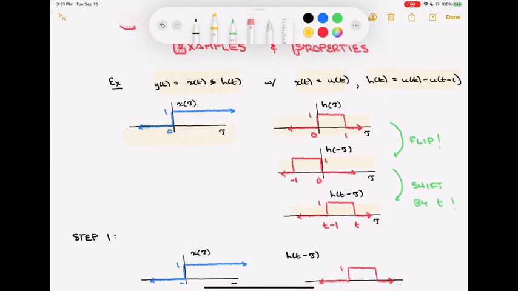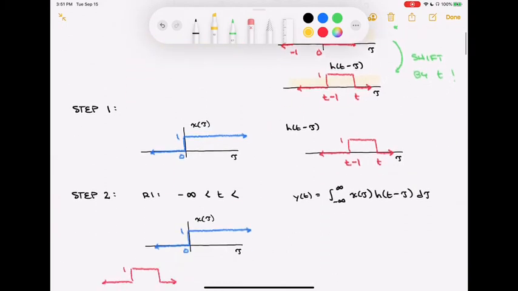This is a function of tau, and the leading edge is identified by tau equaling t, and the lagging edge is identified by tau equaling t minus 1, one unit to the left of that leading edge. So to summarize step one, on a typical piece of paper, I'd plot x(tau), and then plot h(t minus tau), the flipped and shifted version of h.